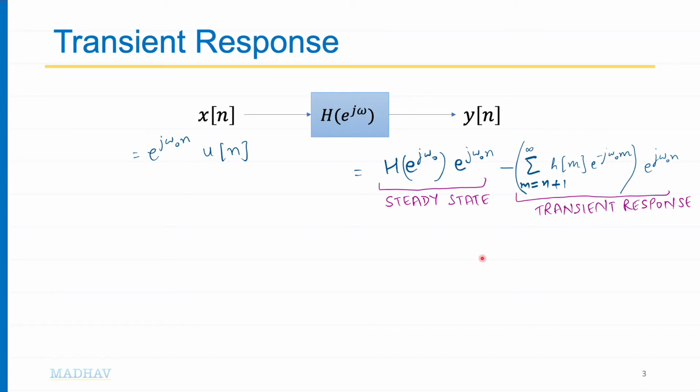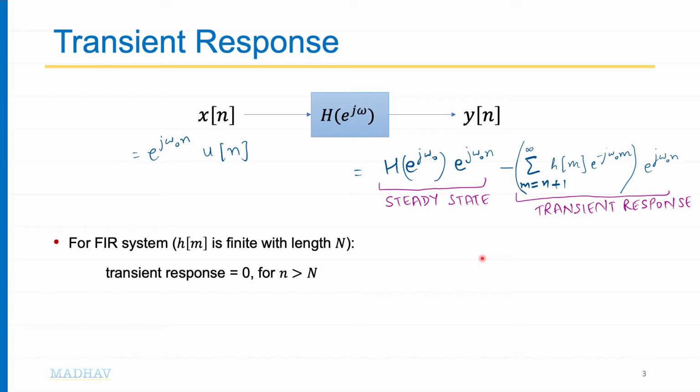Now for a finite impulse response system, which means h[n] is a finite signal, my transient response will be 0 when n is greater than capital N. If h[m] has a length of capital N, then as soon as I hit capital N here, everything becomes 0, so the transient response dies out. This is for finite impulse response systems.